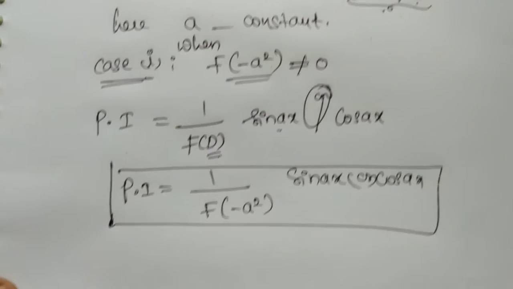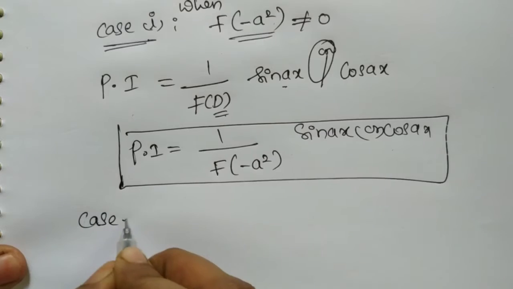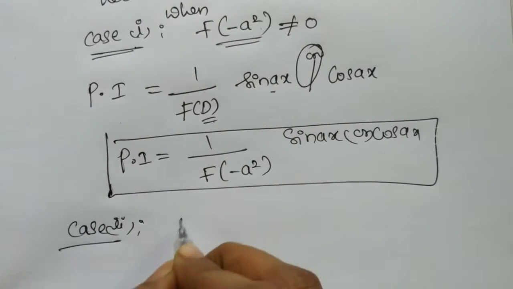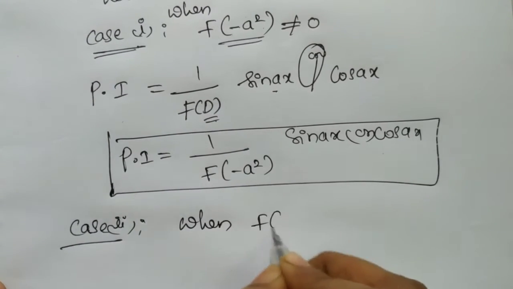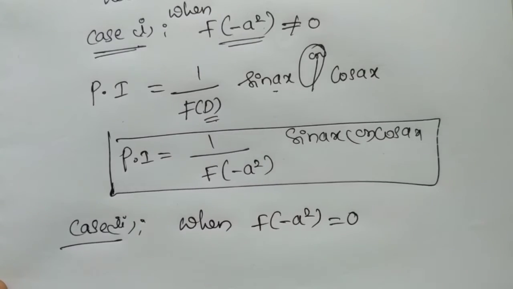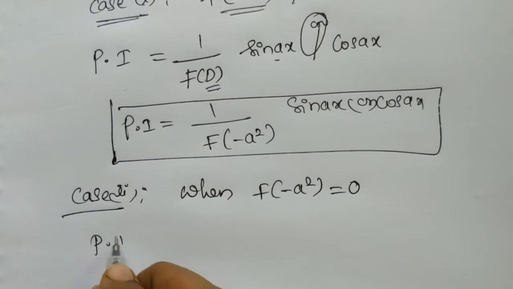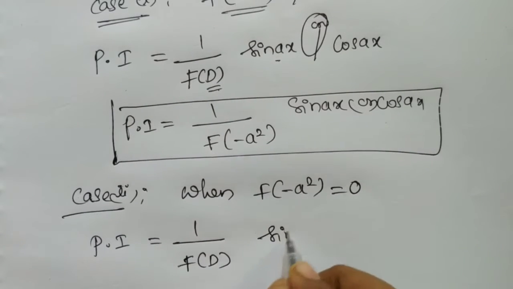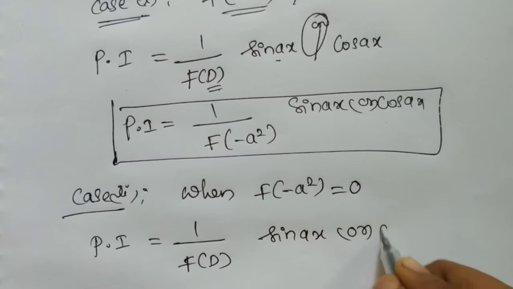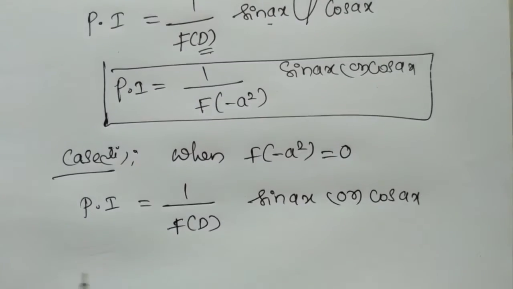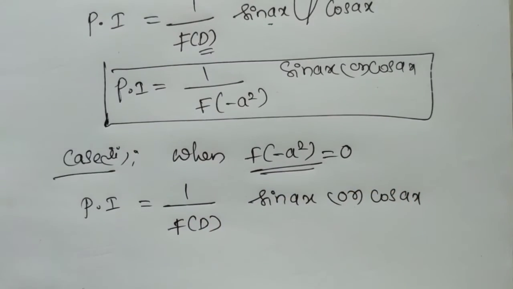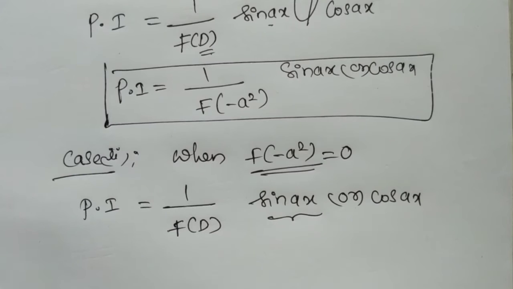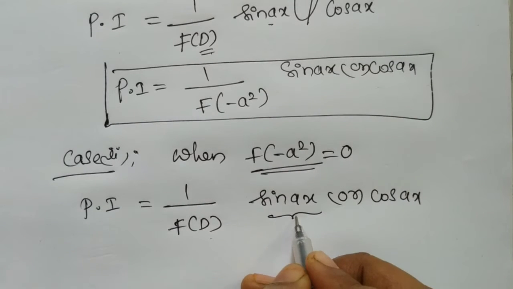Next, case 2, when f of minus a square is equal to 0. Then the particular integral is 1 by f of D into sin ax or cos ax. First I am taking 1 by f of D sin ax.